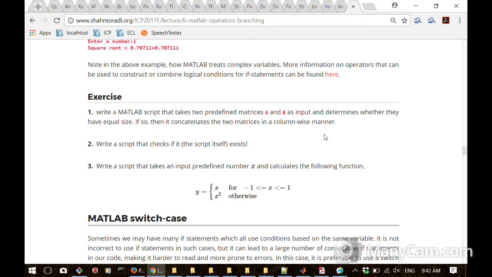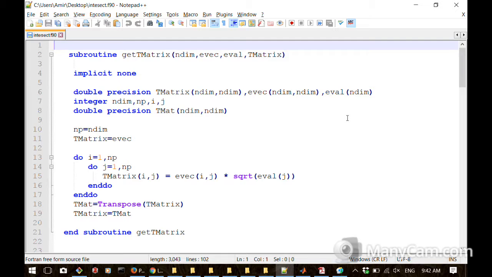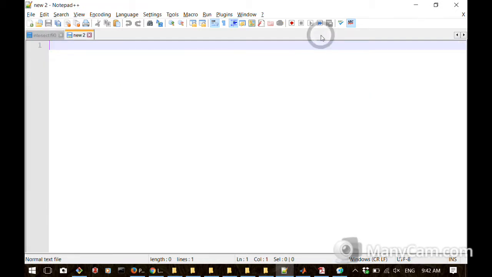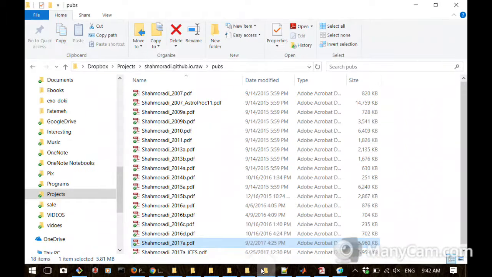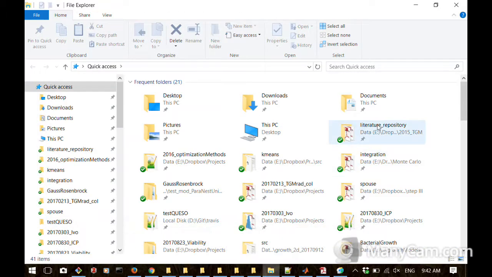This one is a rather difficult question, but think about it. Is there like a length function? Yes, size. Size is going to give you the size of a matrix, right? So if they have the correct size.